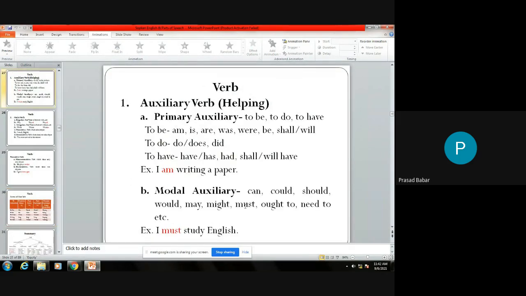Okay, so let's first discuss the first type, that is auxiliary verb or helping verb or supporting verb. These verbs also have two types. First is primary auxiliary and second is modal auxiliary.